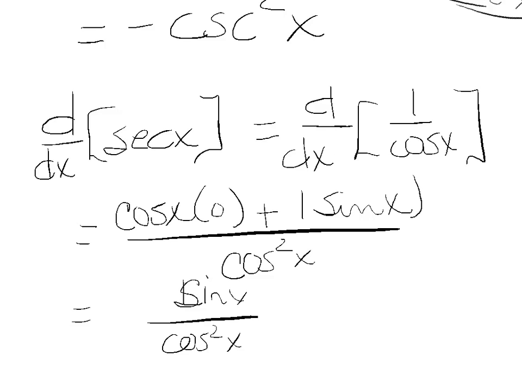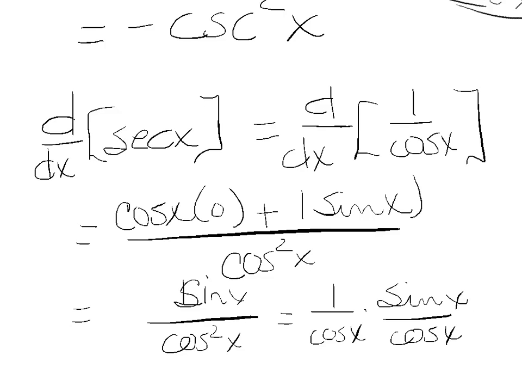Well, that's not a real simple form. I can rewrite that as 1 over the cosine x times sine x over cosine x, can I? Is that legitimate? Oh, I'm sorry, I wrote that wrong. Sorry about that. Sine x times 1 over cosine x.